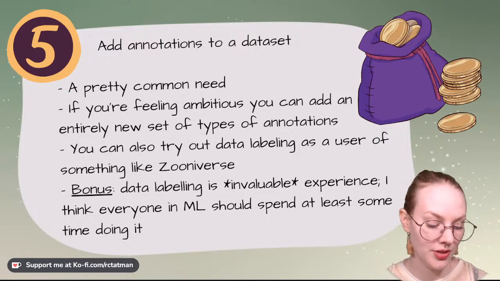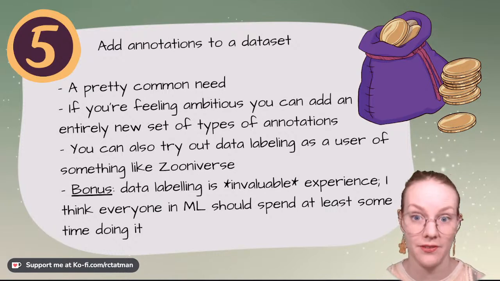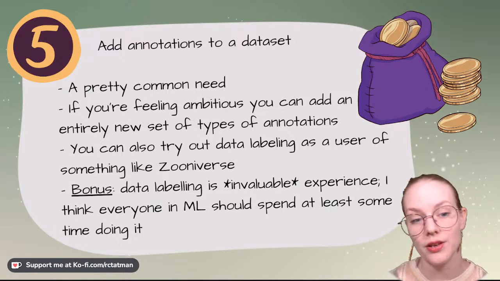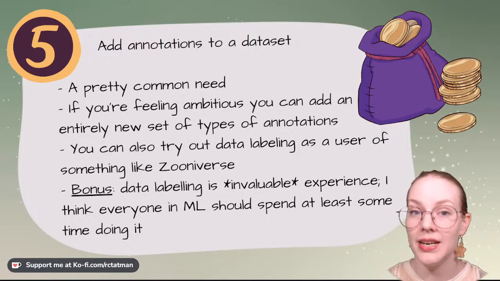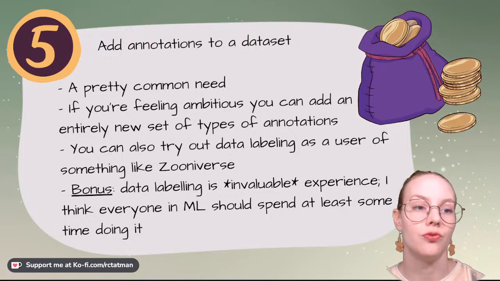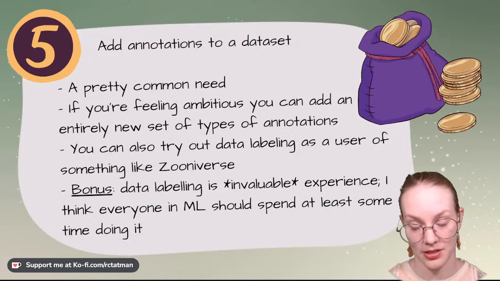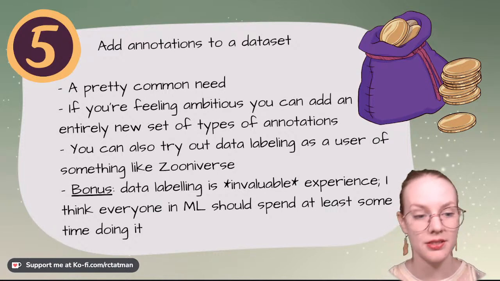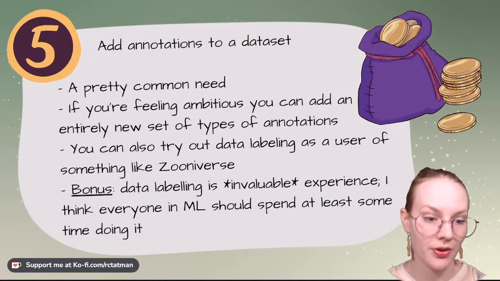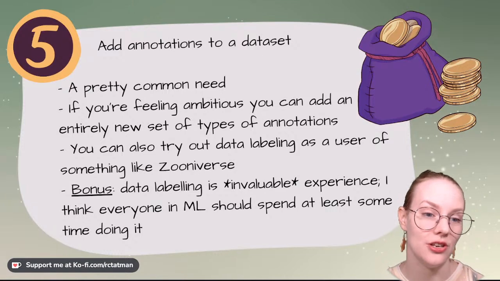So if you wanted to do this as a research project, or you had a specific need and you can't find the data set for it, or you can find the data set but it's not labeled, you can do your own entirely new set of annotations for your particular task. This is, like I said, a little bit more ambitious than trying to replicate existing work because you're doing more new things, and you'll get experience writing annotation guidelines, doing the annotation, right?